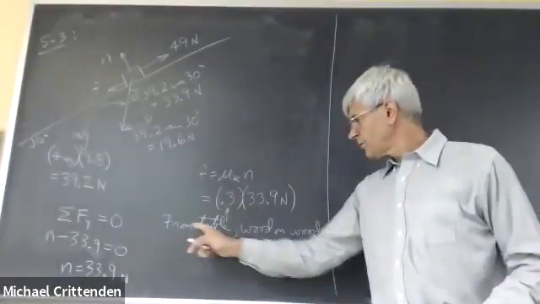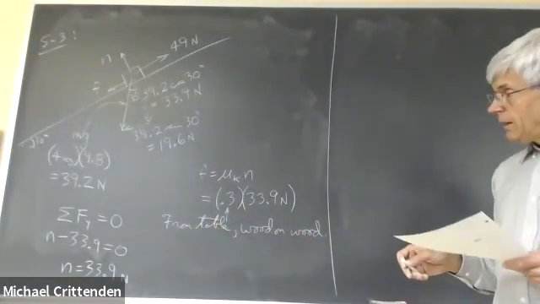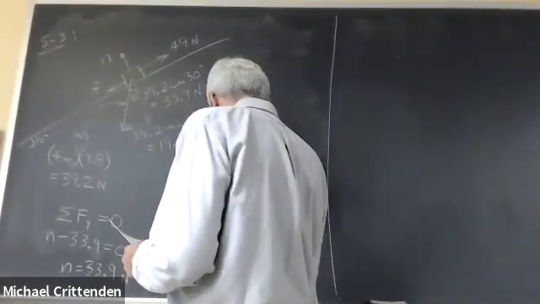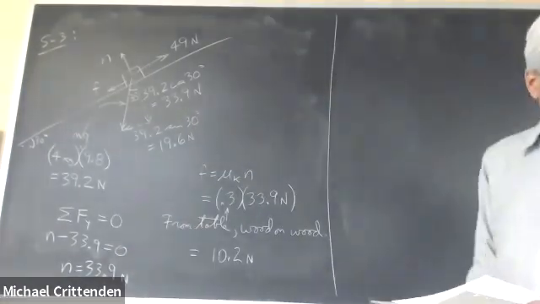So that comes from the table for wood on wood. And friction then is a little over 10 newtons.